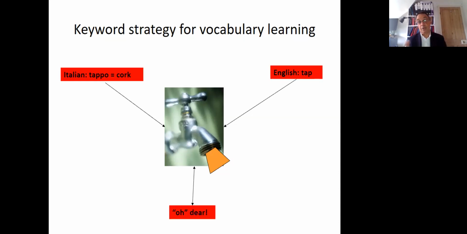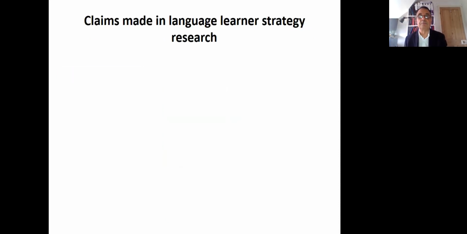So you go tap, oh dear. I know that's a bit amusing, but it's the kind of keyword strategy that I use myself, trying to remember certain words in certain languages. But that is a mental action. It's visual, it's got language and so on. So I would classify that as a strategy, which underlies all the much bigger behaviors that I was talking about earlier on.